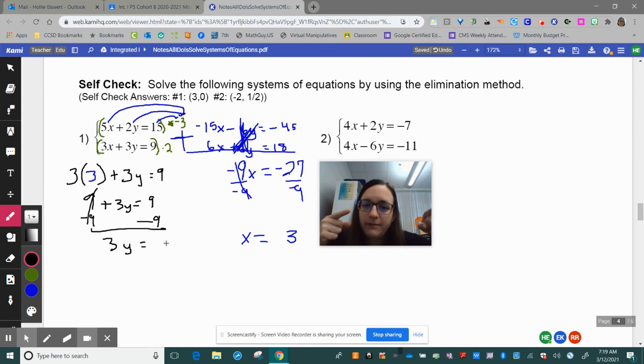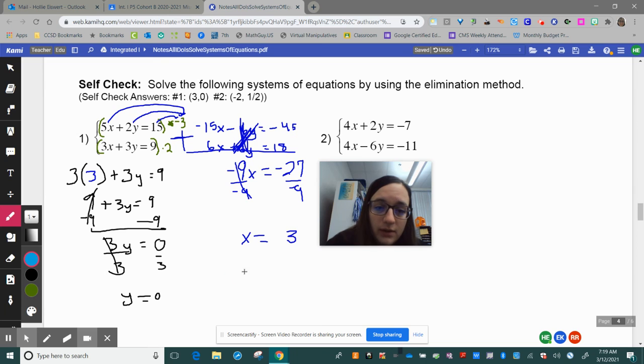Calm down. There's still a variable over there. So if there's still a variable, we're good. We just still divide by 3. Oh, look, y is 0. So our answer is 3, 0.